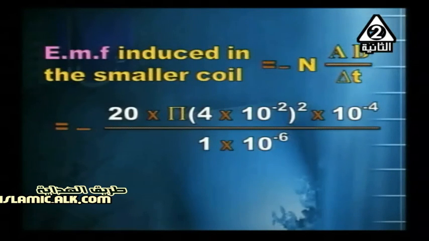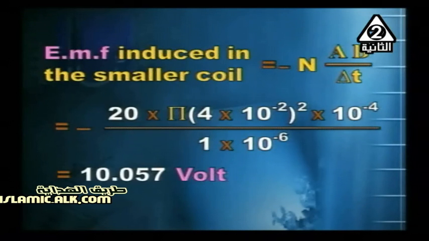Area is pi r squared, so pi times 4 times 10 power negative 2, all squared, times magnetic flux density. We managed to calculate it, 10 power negative 4, and time is given, 1 microsecond. So 1 times 10 power negative 6, EMF will be 10 volts.